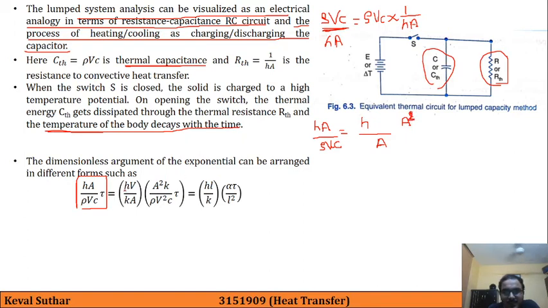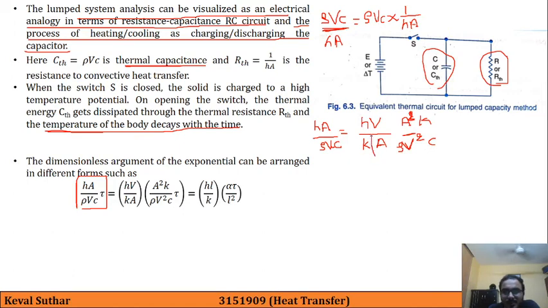So H is as it is, and here already we are having a V which is available here, but instead of that we are providing V here, so we are squaring it. So HV, and here we are putting a K, that is thermal conductivity, and we are also multiplying over here. Now C is as it is and rho is as it is.